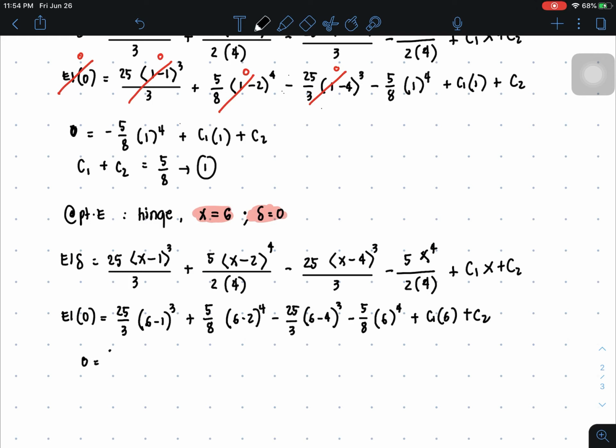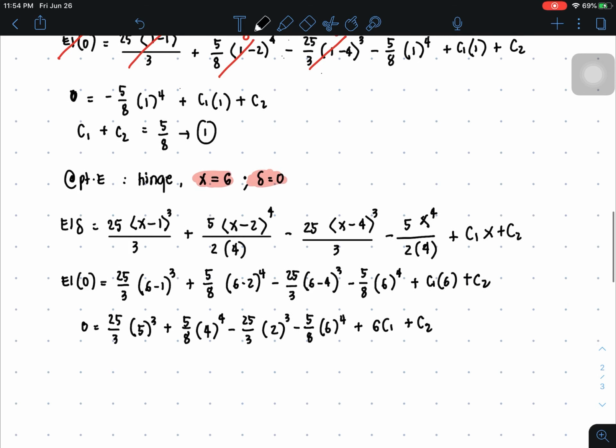So simplifying, this is 0 equal to 25 over 3 times 5 cubed plus 5 over 8 times 6 minus 2 is 4 to the 4th power, minus 25 over 3 times 2, that's 6 minus 4, then cubed, then minus 5 over 8 times 6 to the 4th power, then plus 6c1 plus c2.